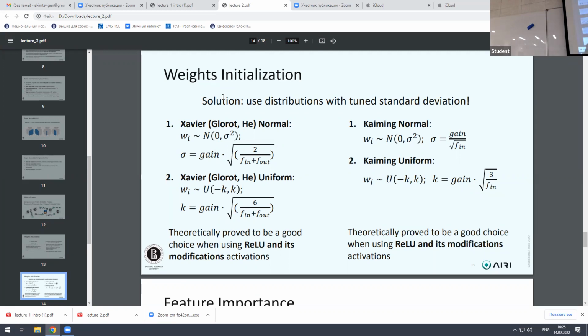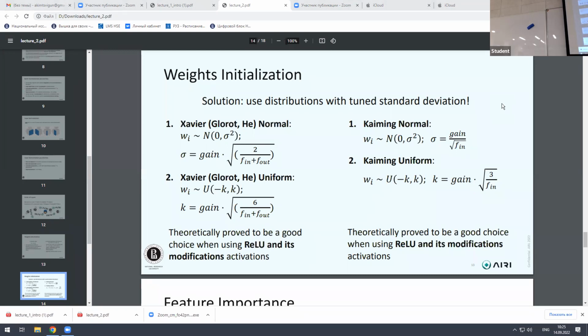But for asymmetric functions like ReLU and its modifications, we do not need to know the number of output features. So several years later, He came in, that was the surname of the author. He suggested a modification where we depend only on the number of input features, and again, both for the normal and the uniform distribution.